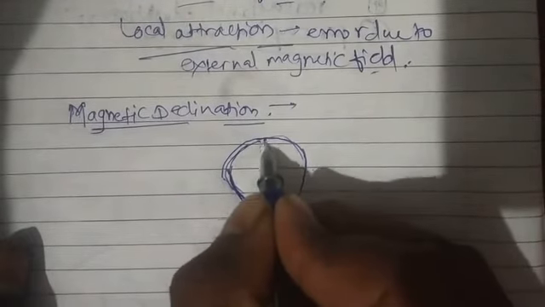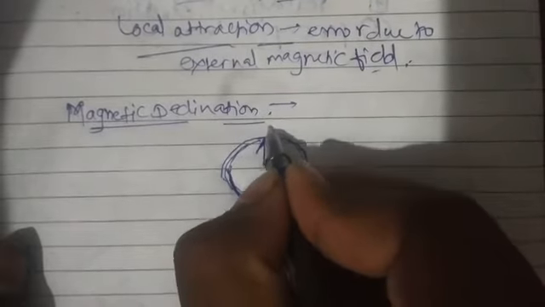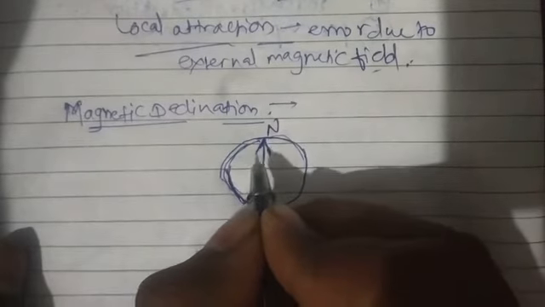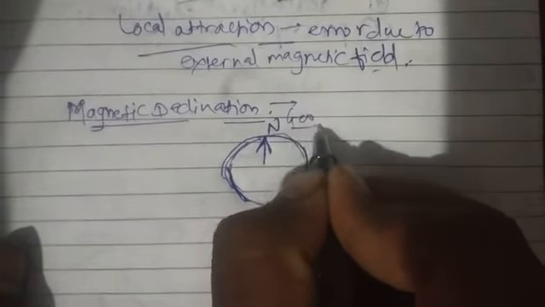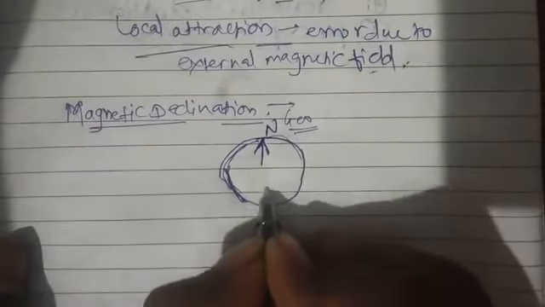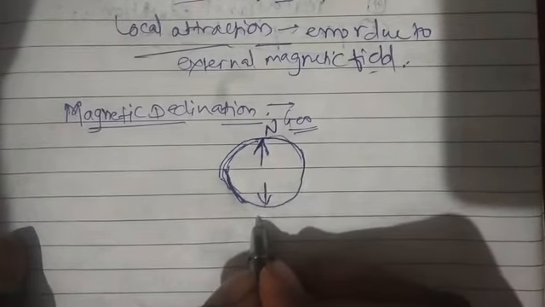This direction of Earth is denoted by north, which is called as geographic north, whereas this direction is treated as south.